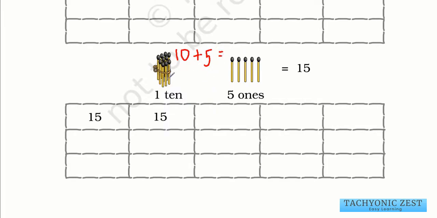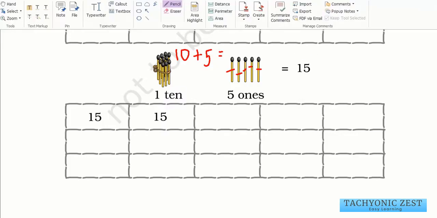So to 10 we will add 5. So after 10, if we have to add 5, we will count like this. After 10 what comes? 11. So 11, 12, 13, 14, 15. So the final answer we get is 15. So 10 plus 5 is equal to 15. So we will write 15 here.